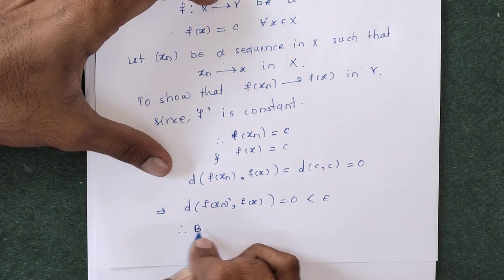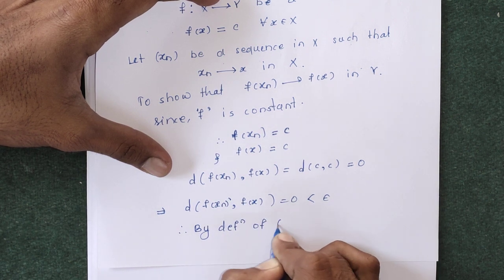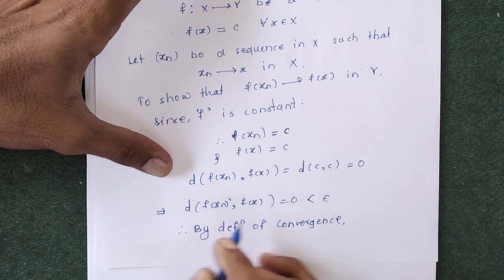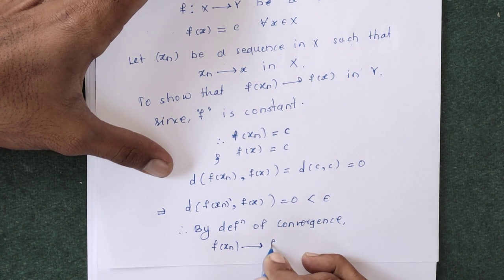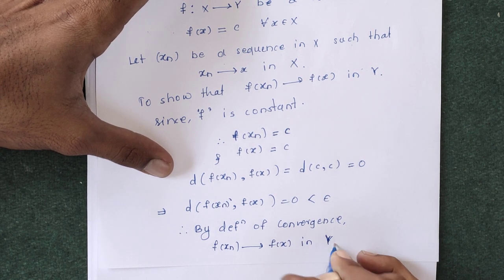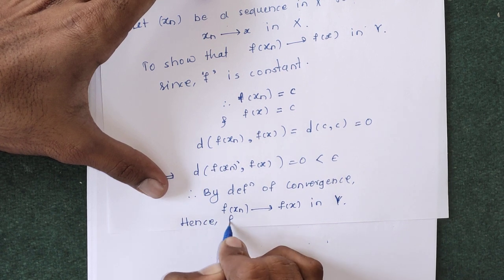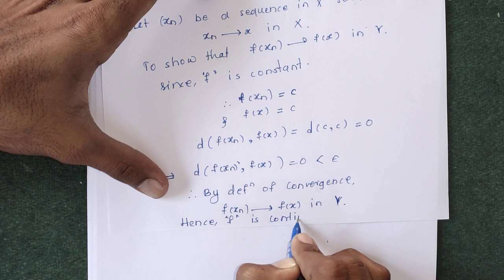Therefore, by the definition of convergence, we can write that f of xn converges to f of x in Y. Hence the given function is continuous. Hence f is a continuous function.